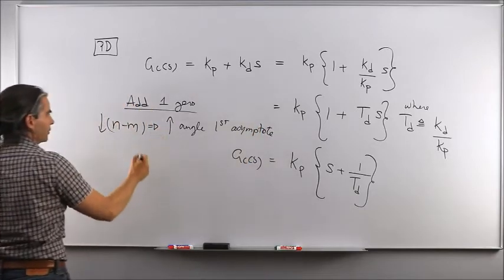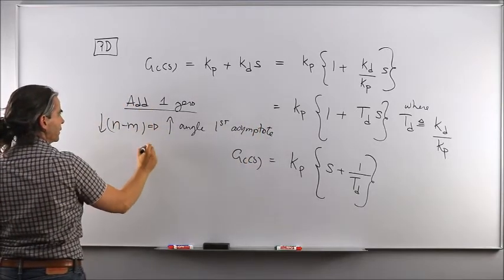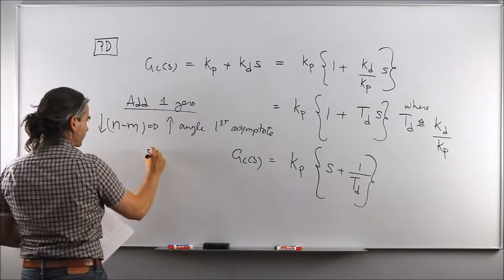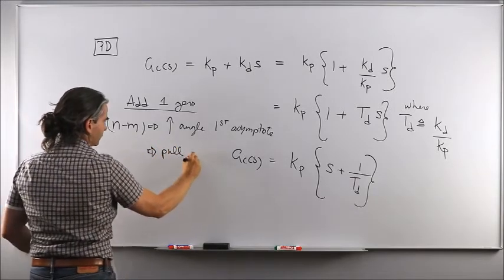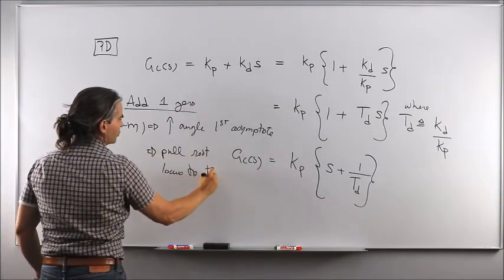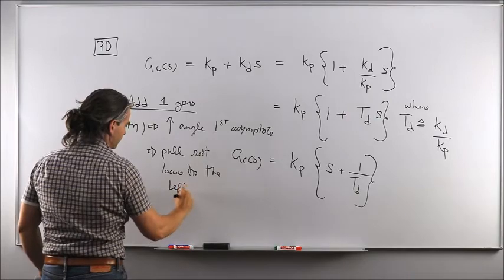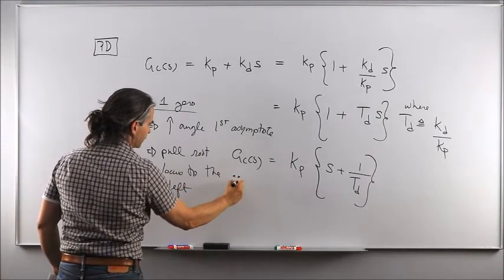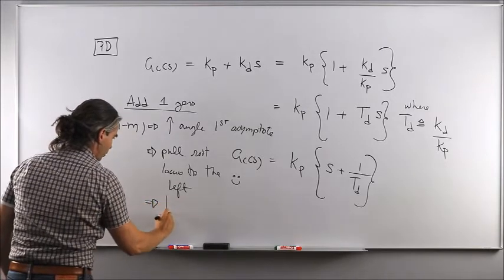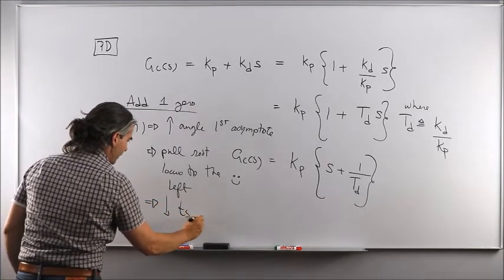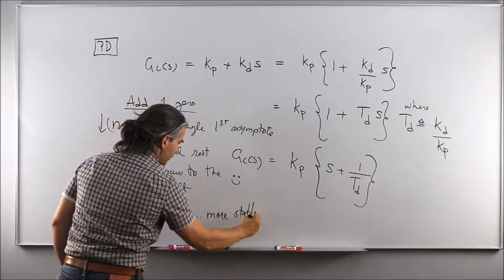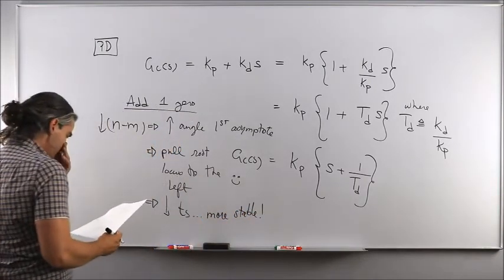I'm just copying what we had established in the beginning of this, okay? We are also then pulling the root locus to the left, which is a fantastic idea. And thereby, we are lowering stabilization time and making things more stable as a whole. Okay?